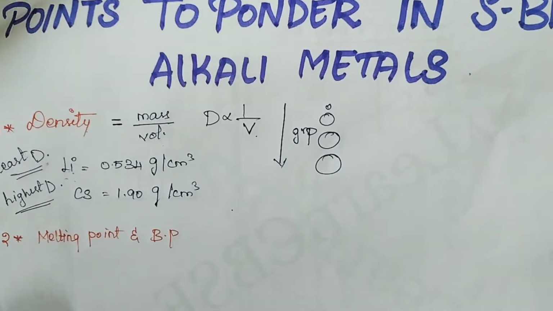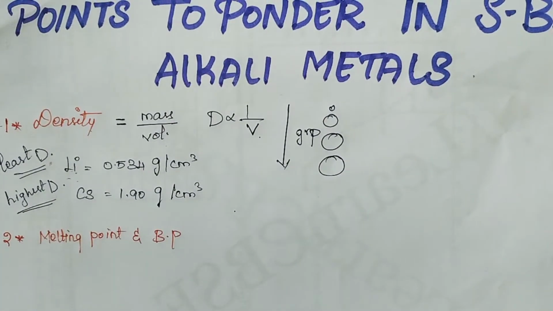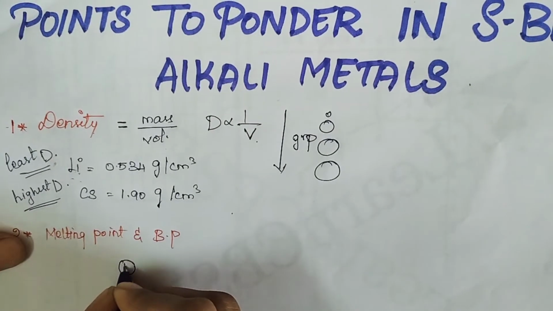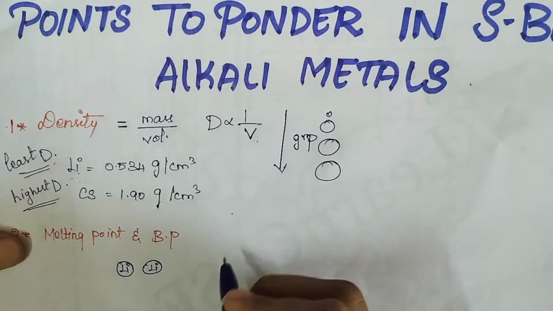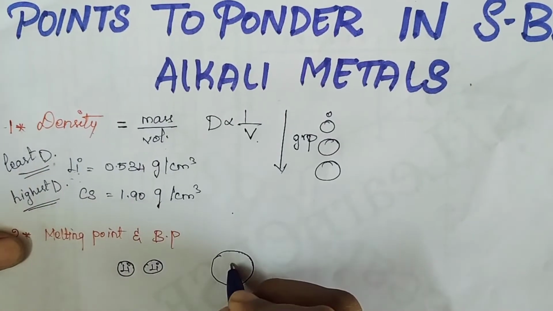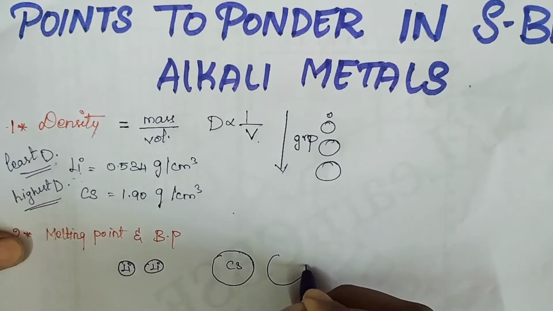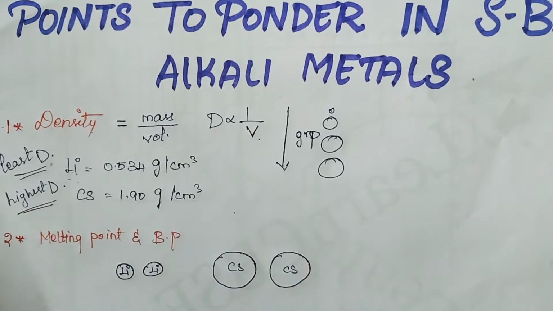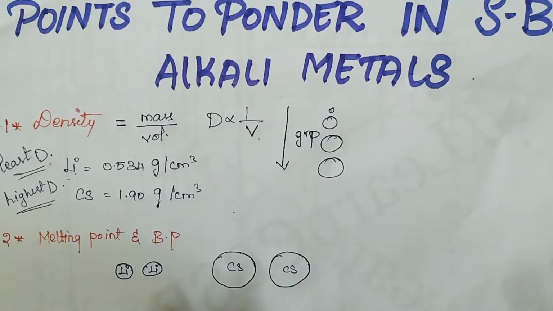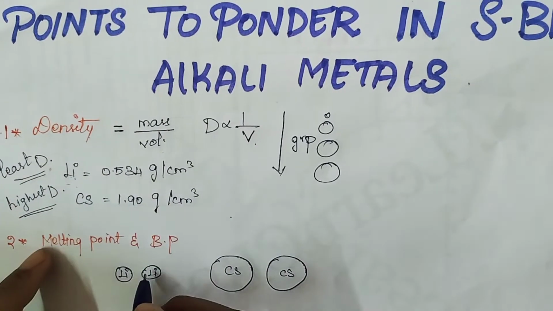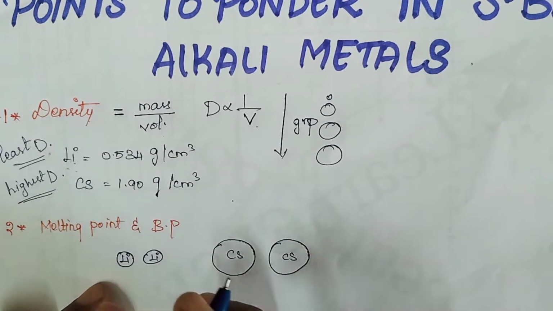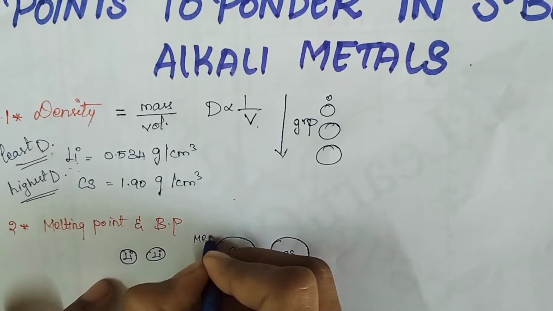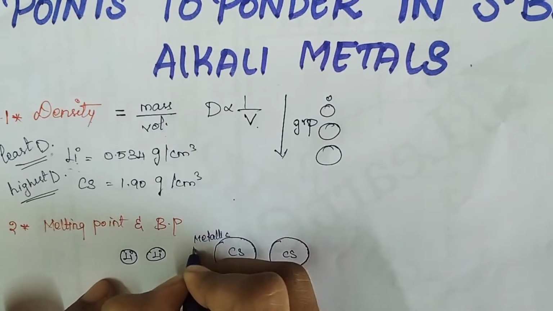Now, if you see, I am taking the lithium atom and the lithium atom. Now this is cesium atom and cesium atom. They have their own radius, correct? Now I am attaching them, and a metallic bond is formed.